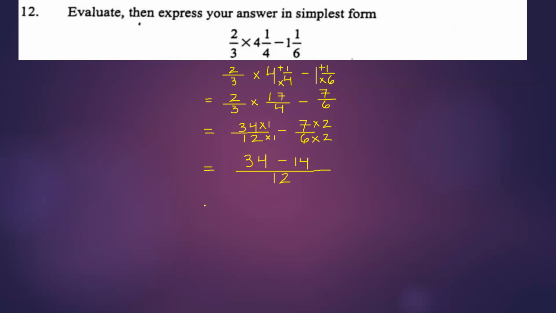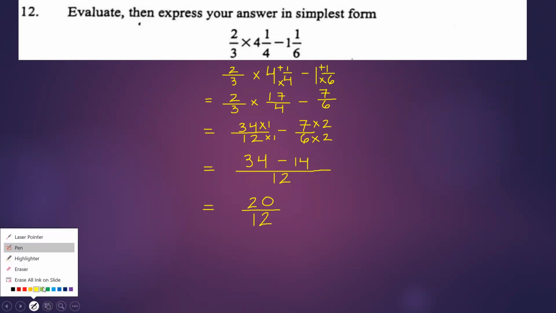It's going to be equal to, what is 34 minus 14? 20. So it's going to be 20 over 12. Okay, can we simplify this? Yes.